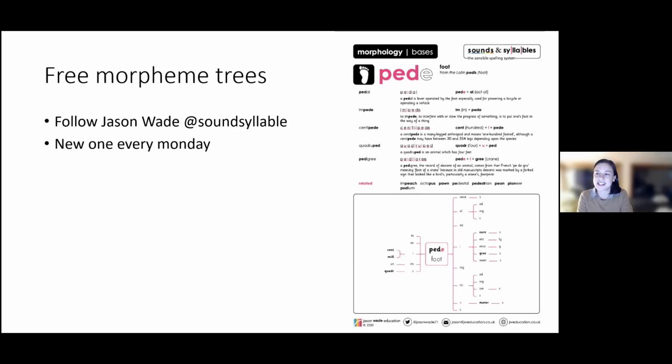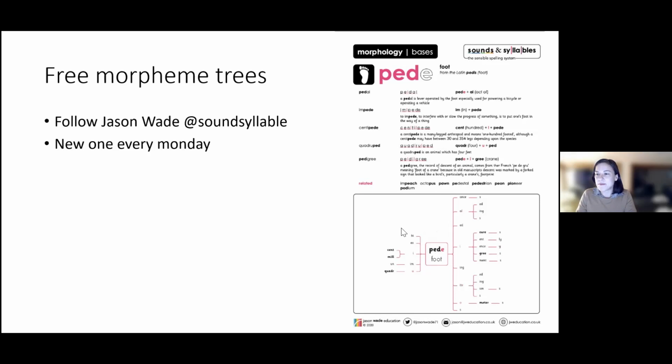And he has this amazing talent and skill of creating it in a way that's so useful for teachers and it looks really pretty. So he puts these out every Monday. He puts out these base words of morphemes, and then he creates these trees where you can see every single prefix and every single suffix that can go with that root word.